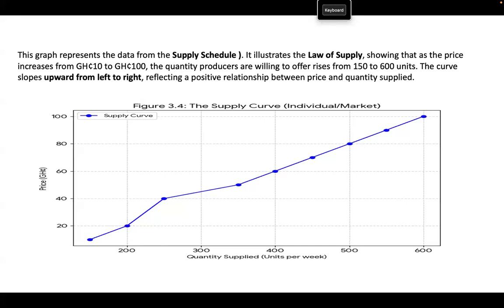So study this one to know how demand and supply behave. Then you know your maths, your simultaneous equations, your inequalities, so when we come to the equilibrium, you apply them. Is that okay? Yes, sir. So just study the demand, study the supply, know your maths, then we are coming to apply it in the market equilibrium.